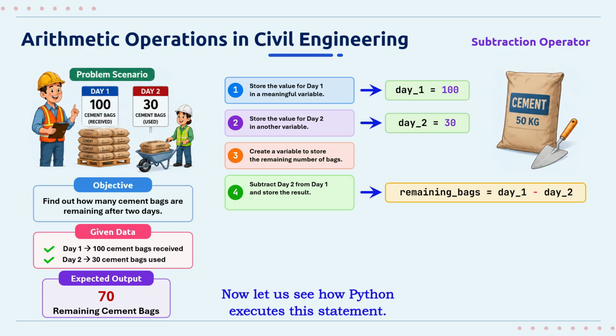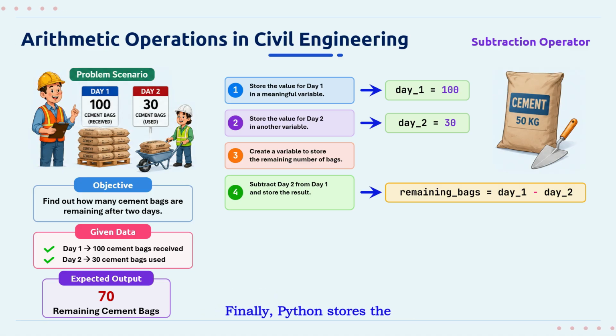Now let us see how Python executes this statement. At first, Python looks inside the variable day_1 and it finds the value 100. Next, it looks inside the variable day_2 and finds the value 30. Now Python performs the subtraction, that is 100 minus 30 equals 70.